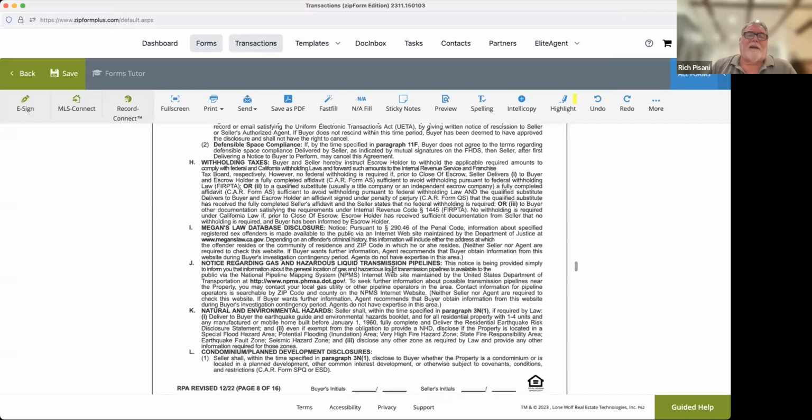Withholding tax. You only really would be dealing with withholding tax if the seller is a foreign, what does it say here?